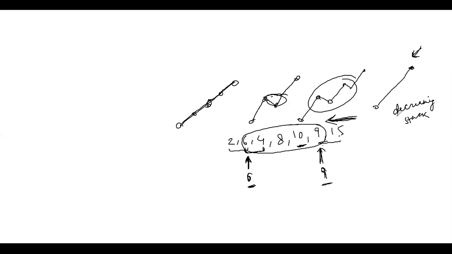I have one question here. What if the previous numbers are, let's say, 20, 19, and 21, and then the same array, 8, 10, 9, 15?